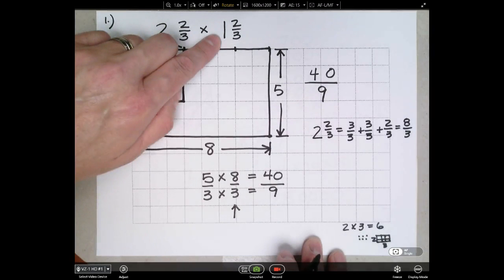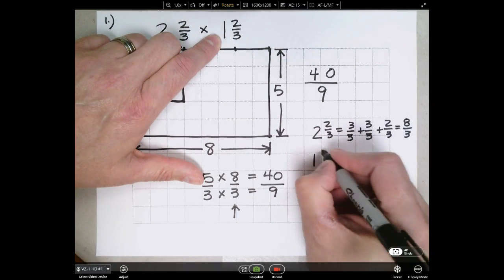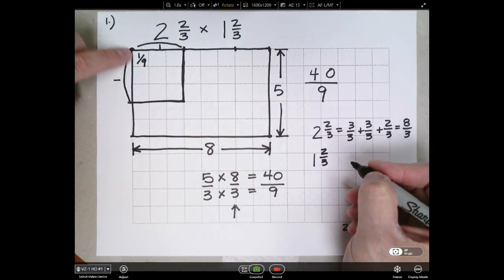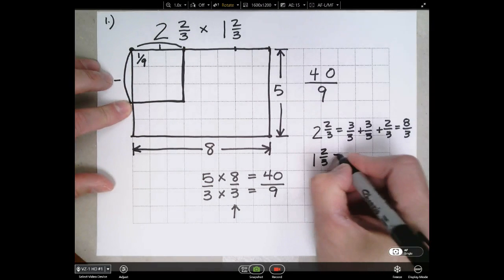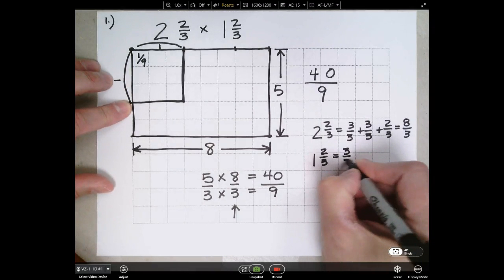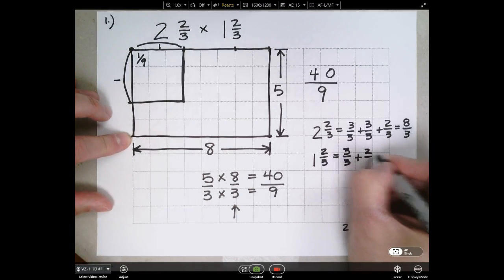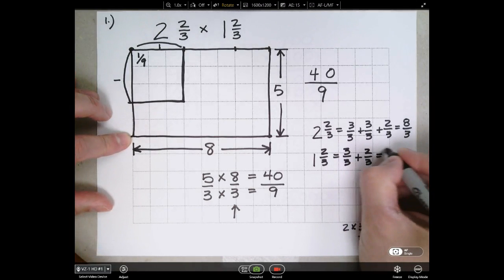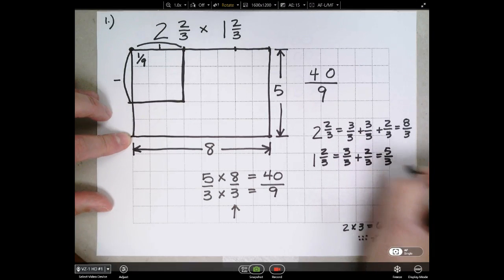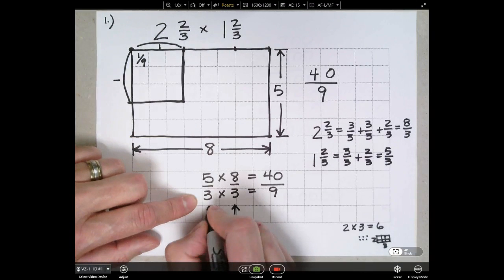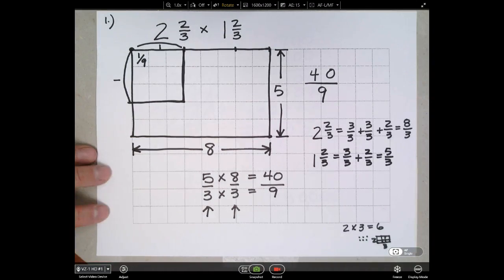And then the other number that we have is 1 and 2/3 going down. So this is 1, 1, 2, 3/3. And 2/3 more. And that is equal to 5/3. And 5/3 is the number that we have right there.